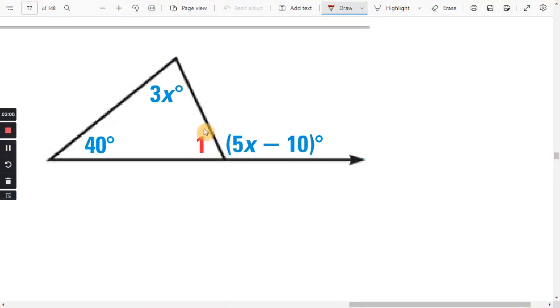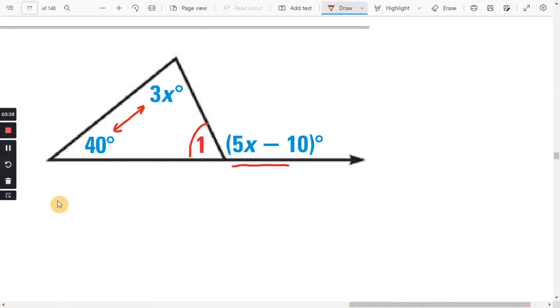Okay, see if you can find the measure of angle 1 right here in this diagram. And I suggest you use the exterior angle theorem. The exterior angle is going to equal the sum of the two non-adjacent interior angles. So add these two and set it equal to the exterior.